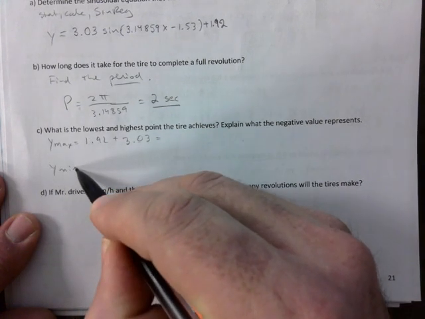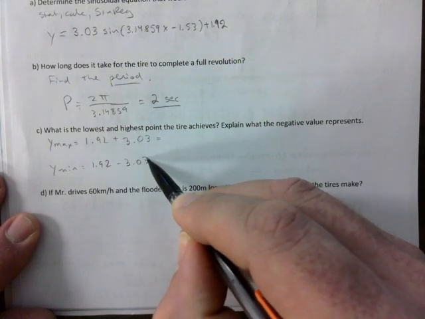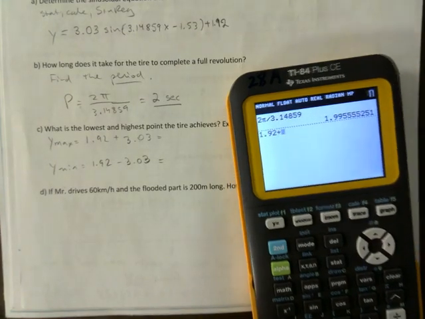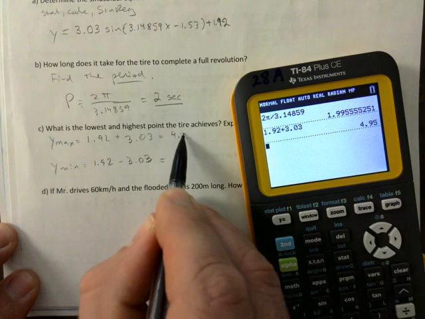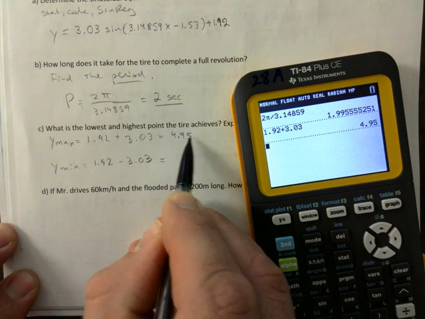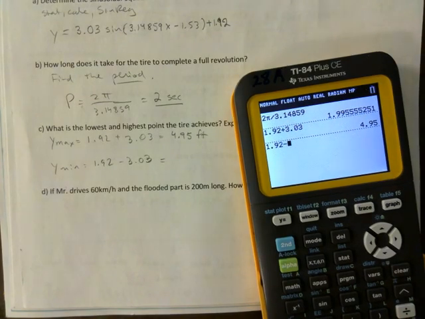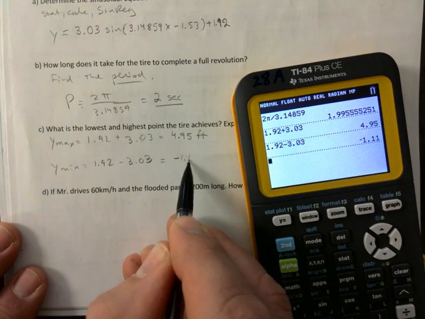And Y min is the lowest, 1.92 minus 3.03. You know you're going to get a negative there. .95 feet, and then that's a negative 1.11 feet.